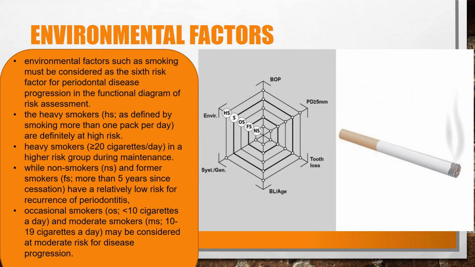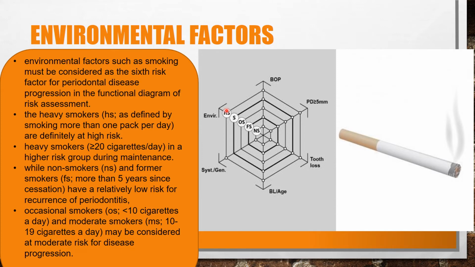Then coming to the environmental factors, smoking is the most true risk factor of periodontitis. It has been considered in the functional diagram of risk assessment. It has been categorized as non-smoker, former smoker, occasional smoker, moderate smoker and heavy smoker. A heavy smoker is defined as smoking more than one packet per day, that is more than 20 cigarettes per day.